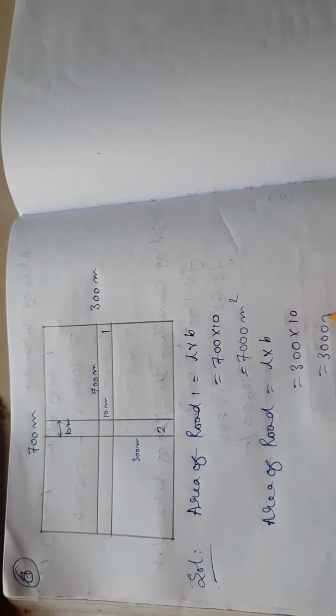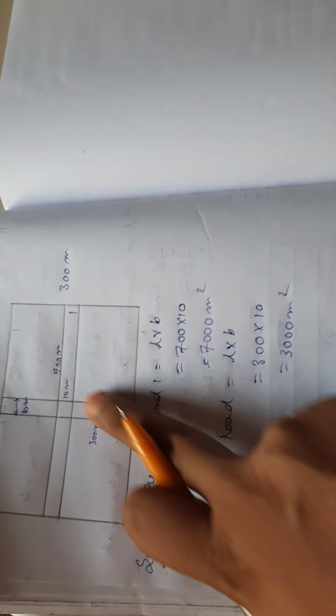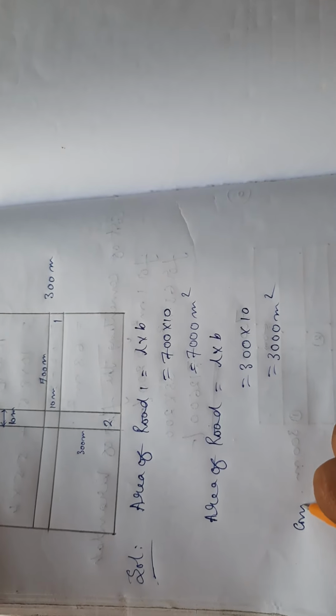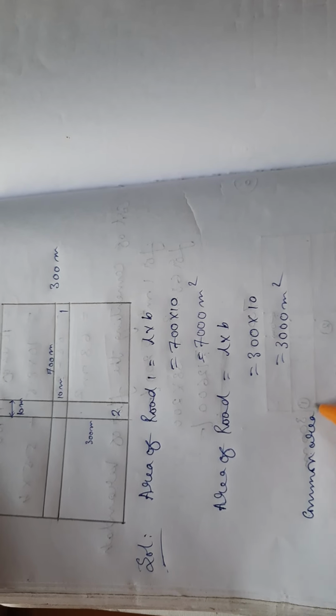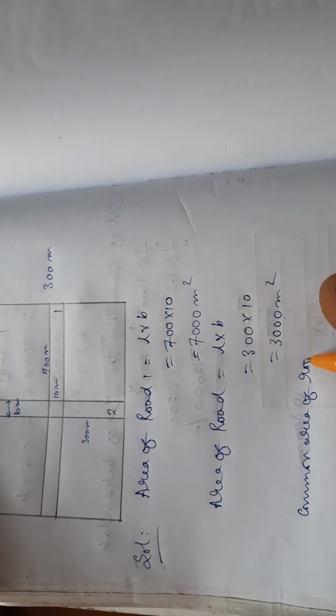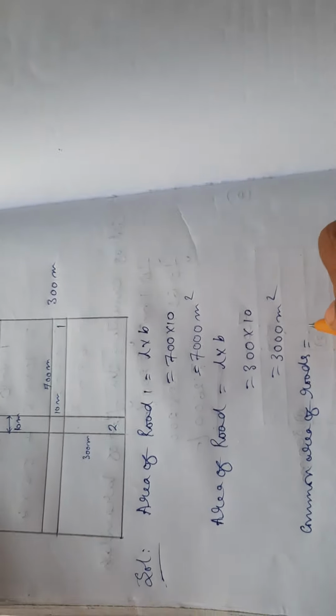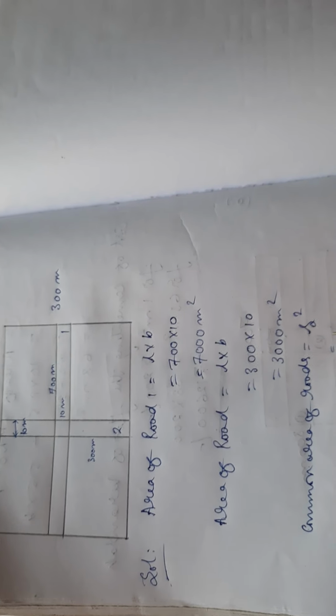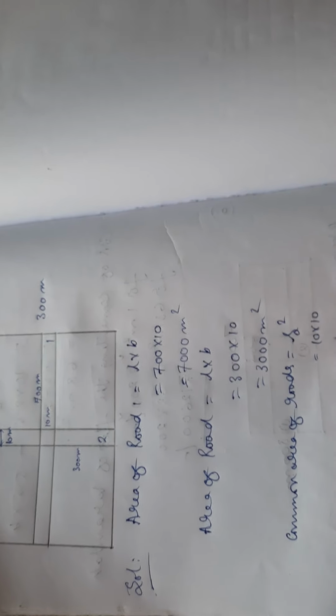So 3000 meters square. So common area of roads. It is in the shape of a square. So it is side square. So 10 into 10, which is equal to 100 meters square.